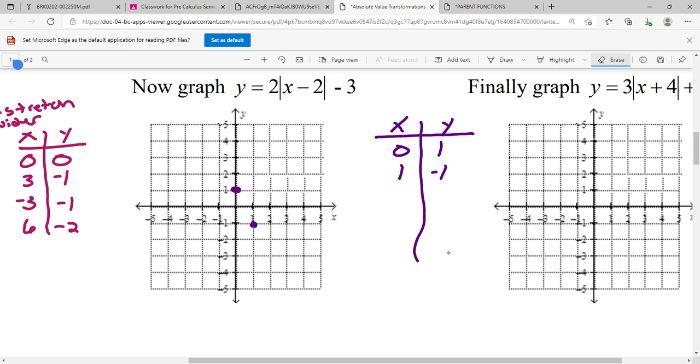Okay, let's try negative 1. Negative 1 minus 2 would be negative 3. Absolute value of negative 3 would be positive 3. 2 times 3 is 6. 6 minus 3 is 3. Positive 3. So if x is negative 1, y is going to be positive 3. 1, 2, 3. It's up there.